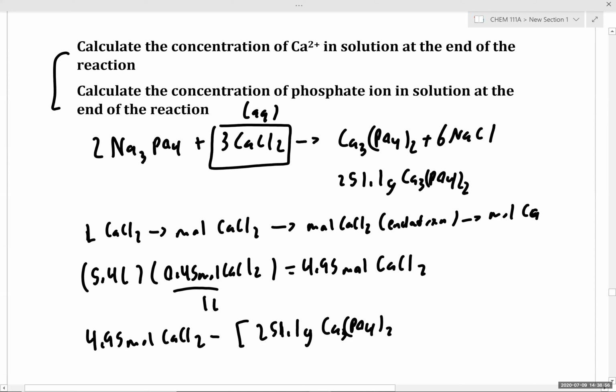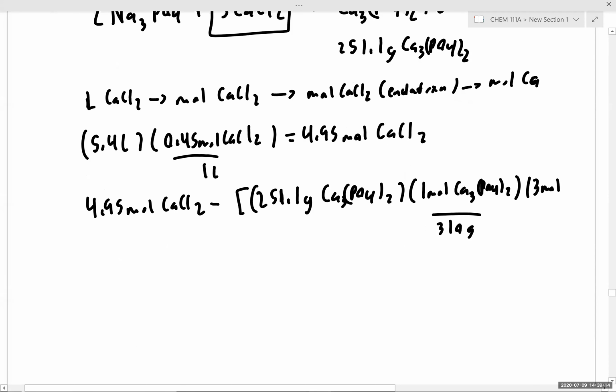So we're going to convert the grams of calcium phosphate into the moles of calcium chloride. So we know in 1 mole of calcium phosphate that we have 310 grams, and that we have 3 moles of calcium chloride per every 1 mole of calcium phosphate.